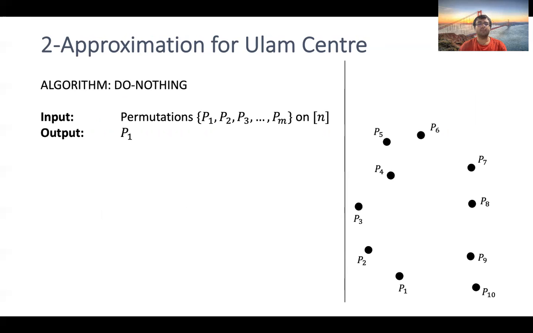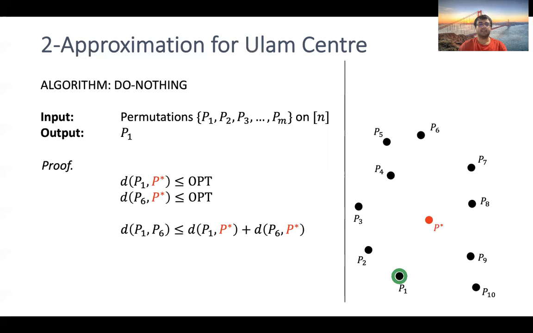The distance of any point to P1 is at most the distance to P star, which was the optimal Ulam center for this instance, and the distance of P star to P1. By triangle inequality, we can see that each of the individual distances of P1 to P star, and let's say P6 to P star, was at most opt. This gives us 2 opt.